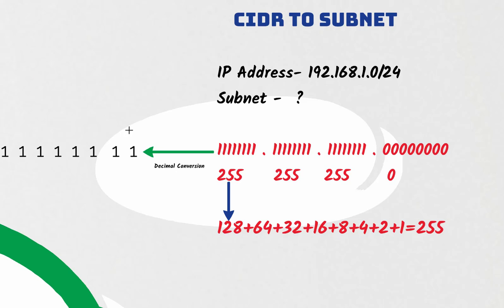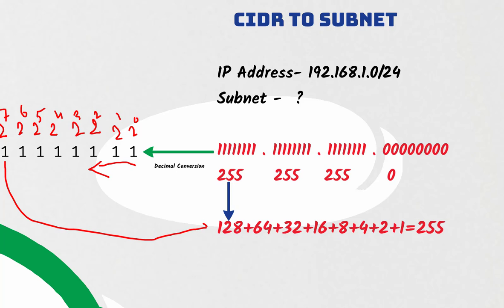This one is 2 to the power 0, which is 1, then 2 to the power 1, 2 to the power 2, 2 to the power 3, 2 to the power 4, 2 to the power 5, 2 to the power 6, and 2 to the power 7.